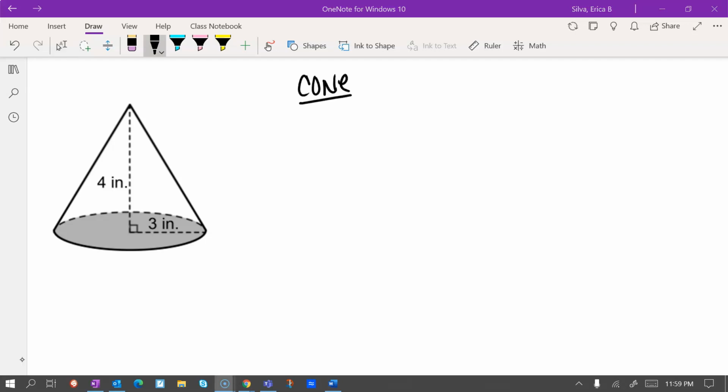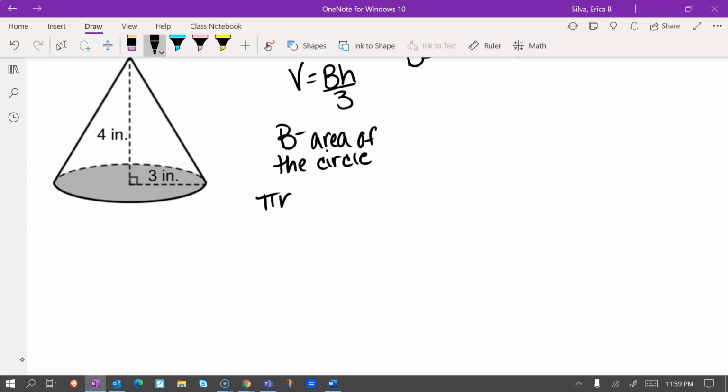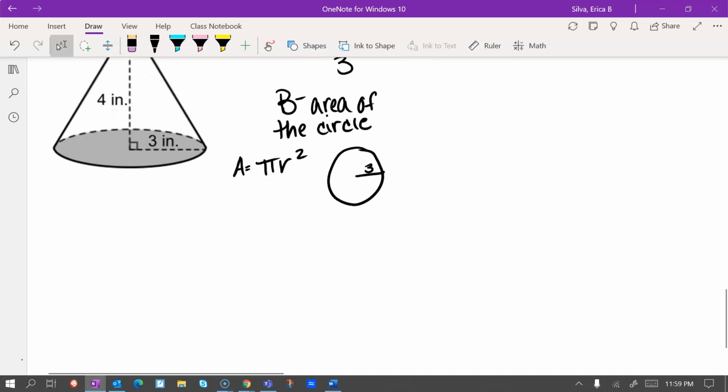If you said it was a cone, you are correct. So let's go ahead and do capital B times H divided by 3, where we need the B and the H. Now to find this B, our base is a circle, so we need the area of the circle. Because it's a circle, we have pi r squared. Let's redraw my base with the measurement.